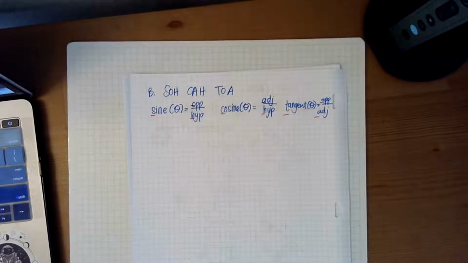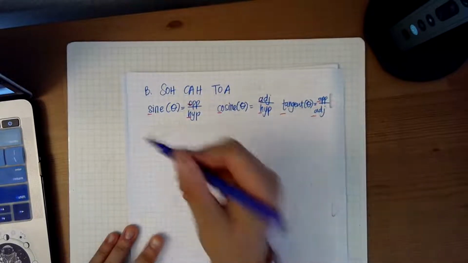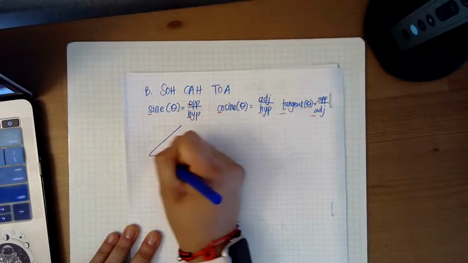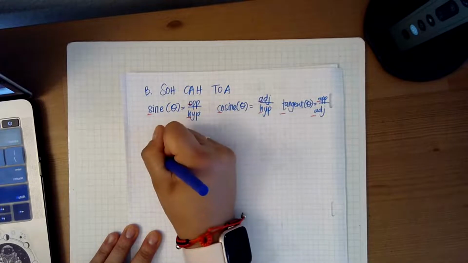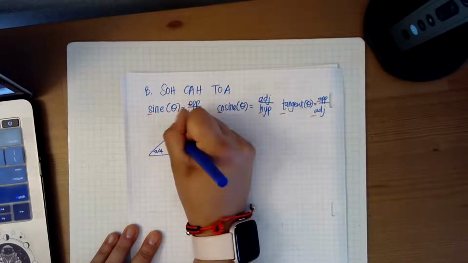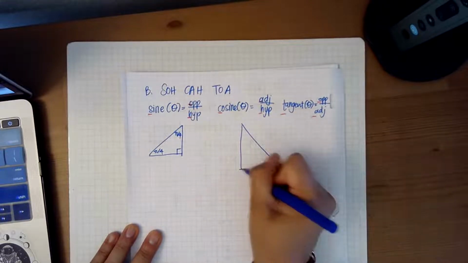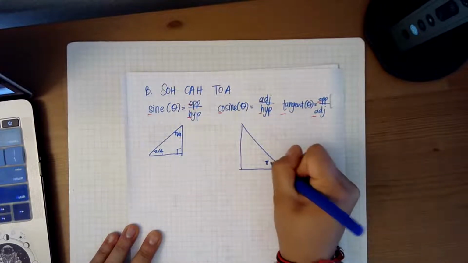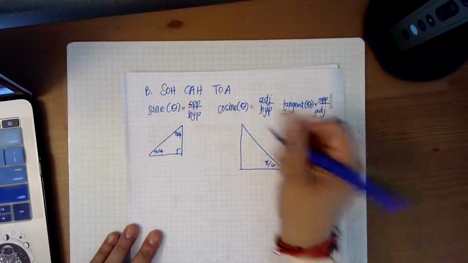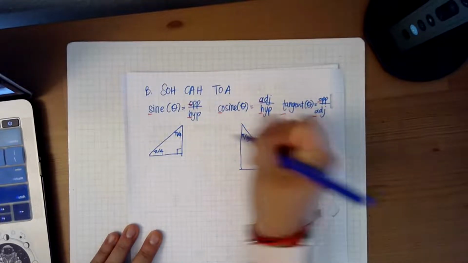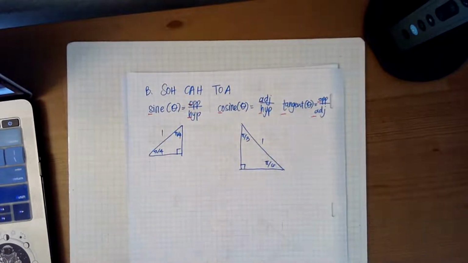Okay, so again, let's go ahead and see a couple of these so you understand what I'm trying to do. So I'm going to call this pi over 4, pi over 4, and then I'll call this one here pi over 6, pi over 3. My radius is always 1. Let's go ahead and name these sides.